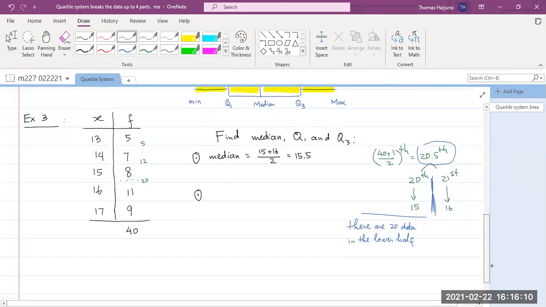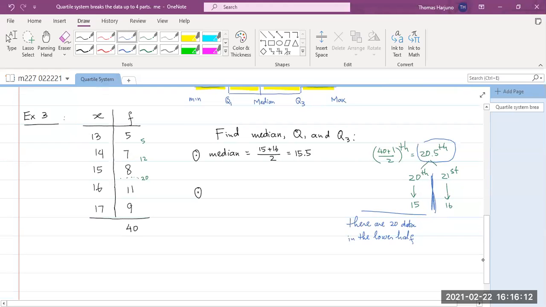Okay, now then, what is the first quartile? The first quartile will be the median of the lower half. 20 plus 1 over 2, that gives us the 10.5.